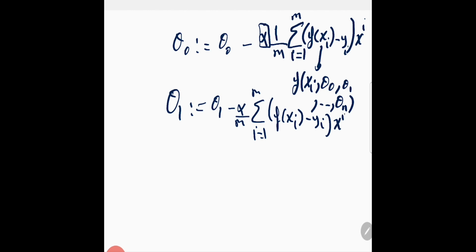But we gotta take care of a certain aspect here, that this xi is not actually like the entire vector or the entire input feature vector. This xi here represents the vector xi, so we should have written it as capital X rather than just x.